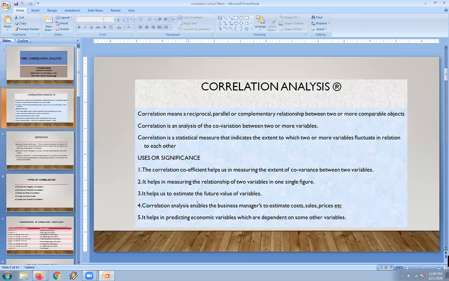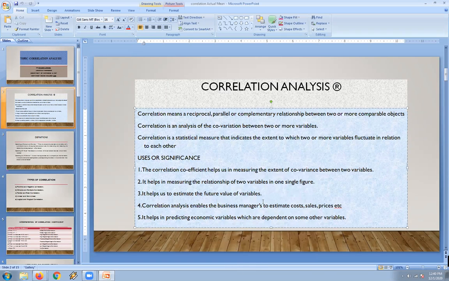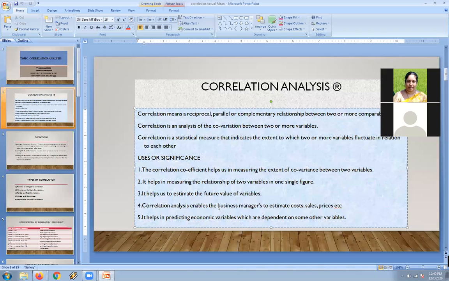To study the relationship, we can measure the extent of covariance between the two variables, and the relationship between these two variables can be measured under one single figure. It is also helpful for predicting the future values of the variables.